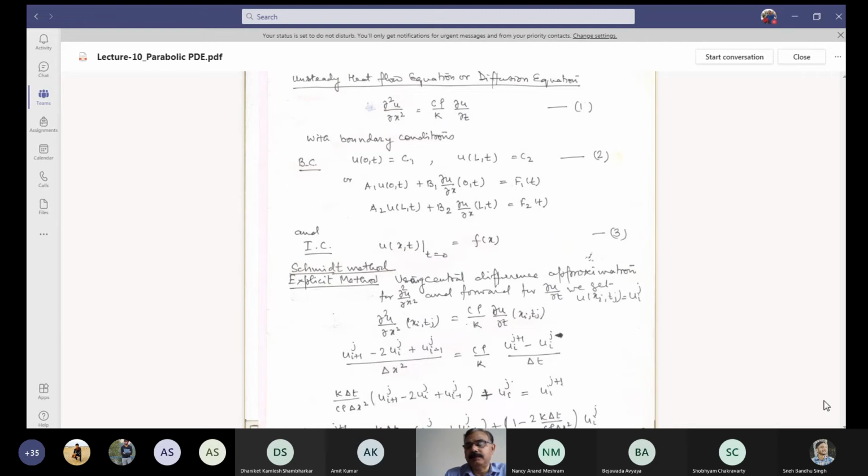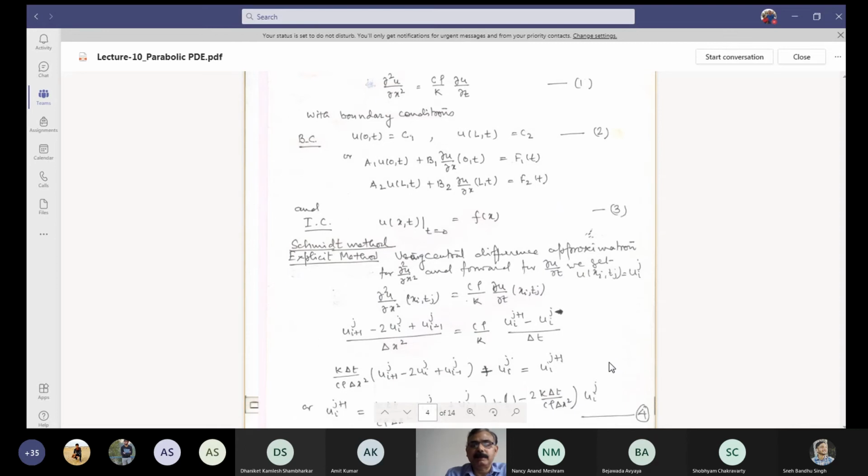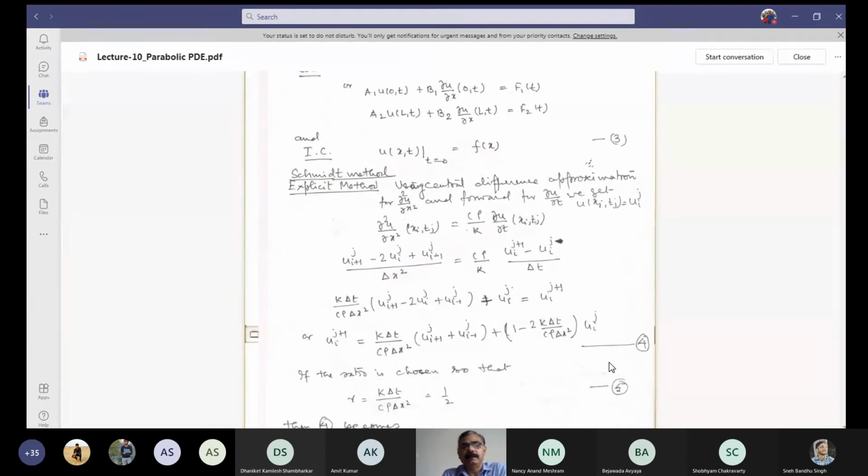So the very first method is basically your explicit method, that is called your Schmidt method also. We basically do a very simple thing. We use the central difference approximation for del 2u by del x square and the forward one for del u by del t. That's all.